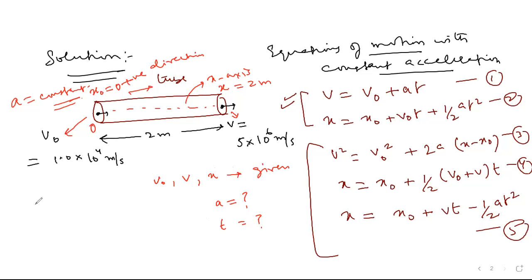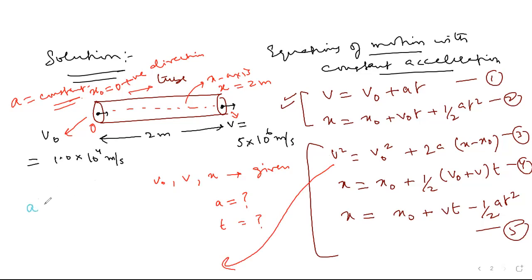So let us move to part A of the solution to find A. You can see which equation we can use to find A. We will simply use this third one, this equation. If you solve for A in equation third, what do you get?